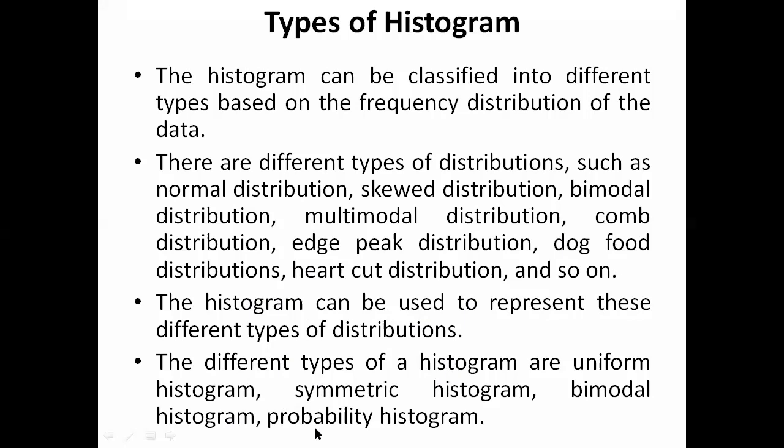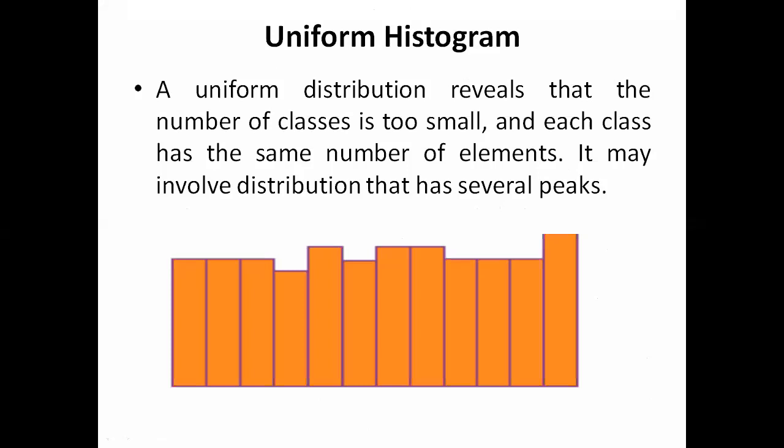So let's discuss uniform histogram. What is a uniform histogram? As the name indicates, uniform means similar. A uniform distribution reveals that the number of classes is too small and each class has the same number of elements. It may involve a distribution that has several peaks.